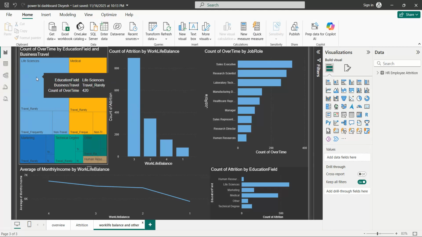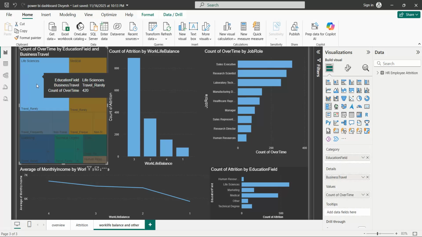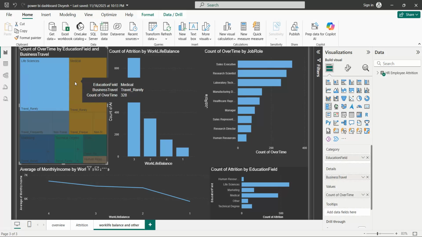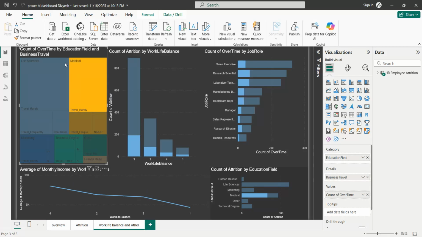That the employees from life science and medical background form the largest share of the overtime workers. Many of them fall under travel rarely or travel frequently categories.